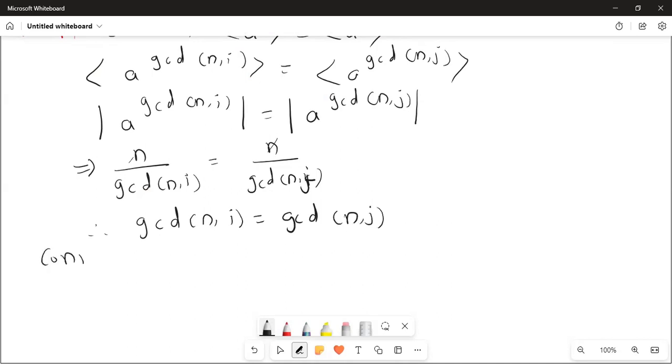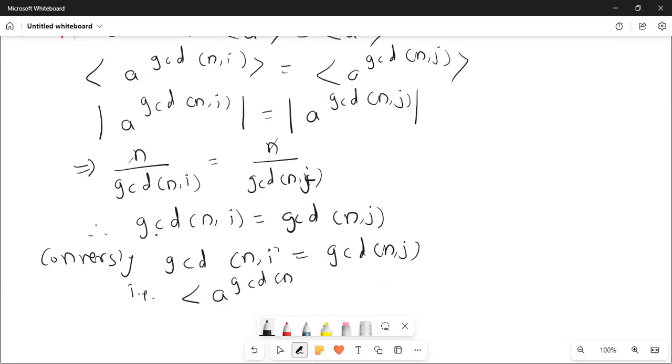Conversely, GCD of n and i which is equal to GCD of n and j, that means order of a raised to i which is equal to order of a raised to j.